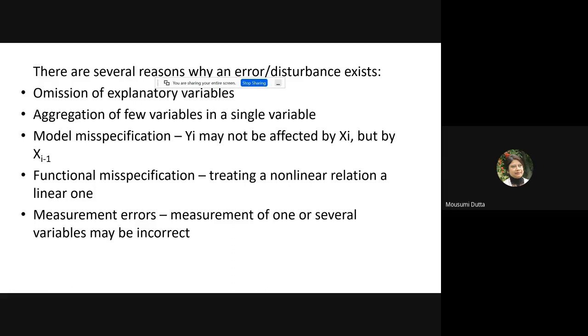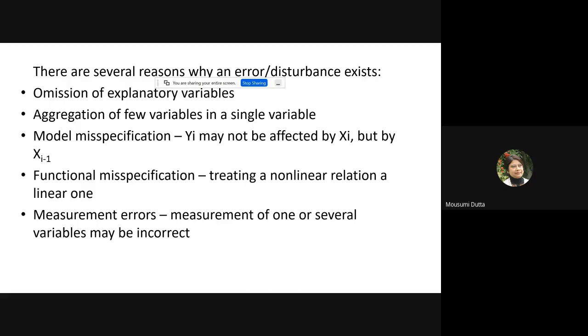So there may be some functional misspecification too, or you are considering a linear framework. However, it should be a non-linear framework. Non-linear framework will be the better description of the relationship between yi and xi.